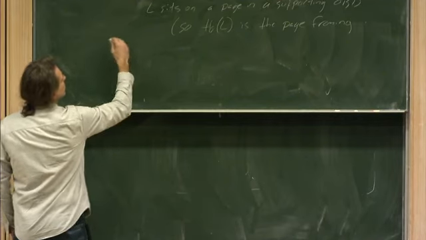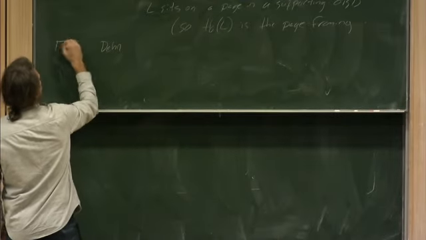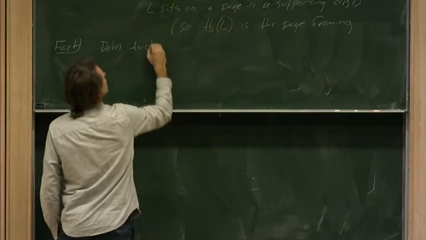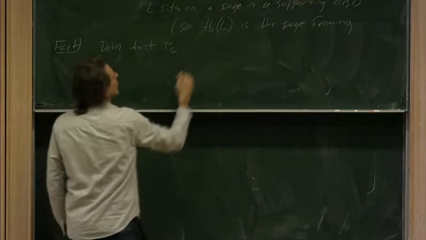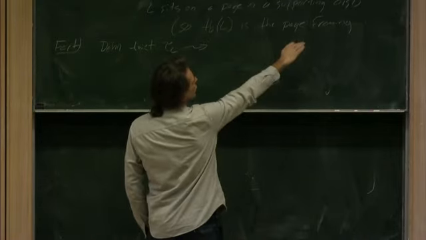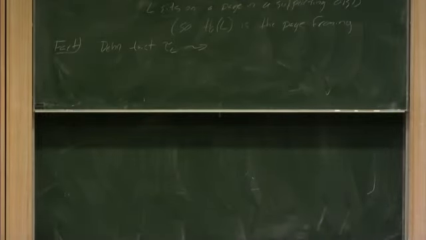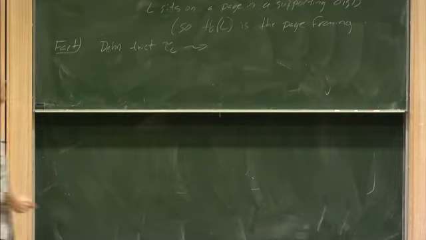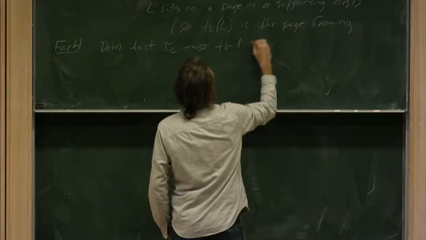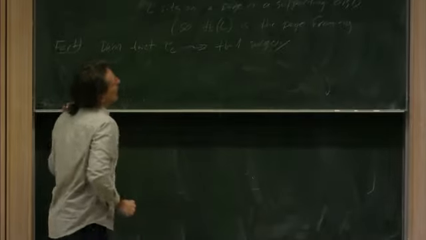So Dehn twist, this fact 2, the Dehn twist along L corresponds to a surgery with framing -1 with respect to the page framing, so T_L^{-1} surgery. And how do we see that?